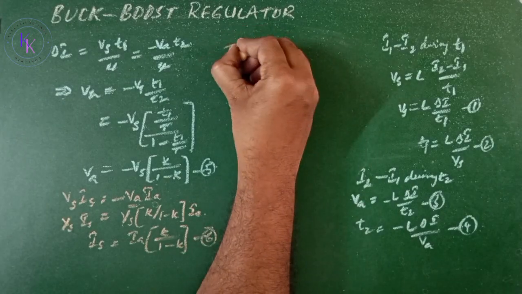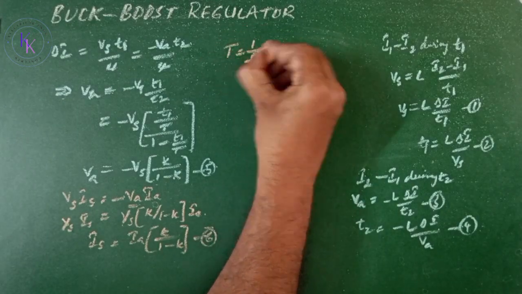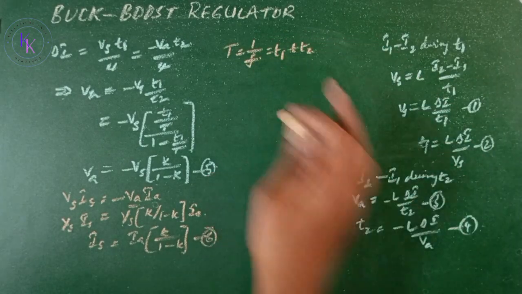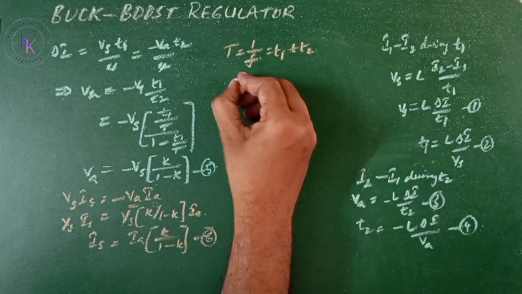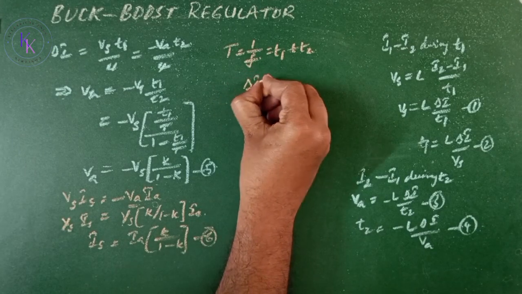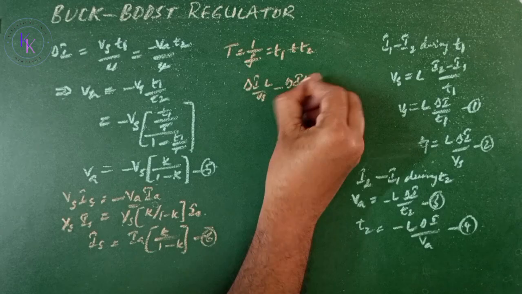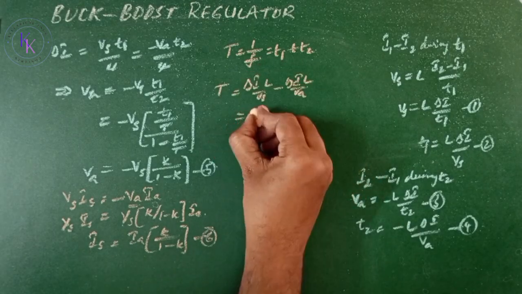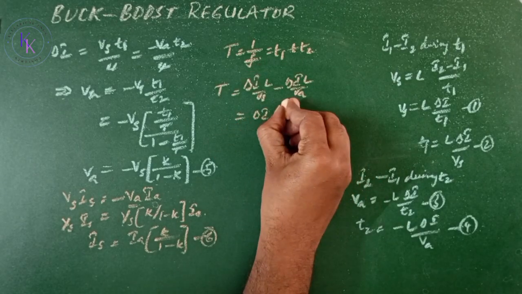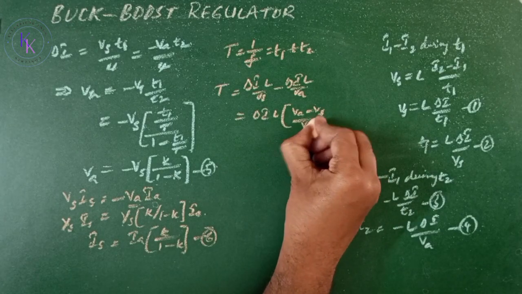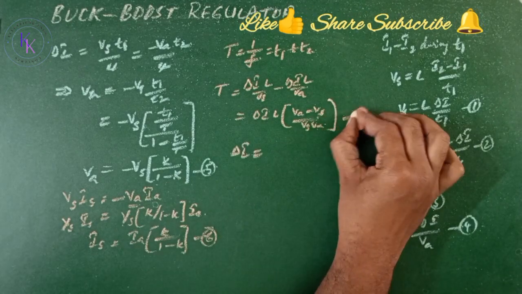The switching period T equals 1 by the switching frequency F, which equals T1 plus T2. Now substitute the values of T1 and T2 from equations number 2 and 4: delta I L by Vs minus delta I L by VA. Taking delta I L common, we get VA minus Vs divided by Vs VA. Let this be equation number 7.